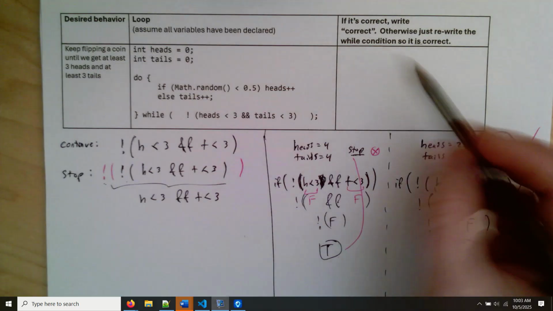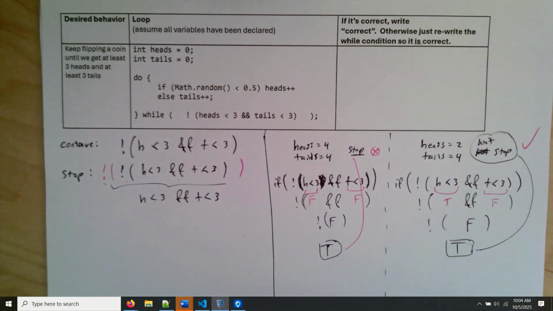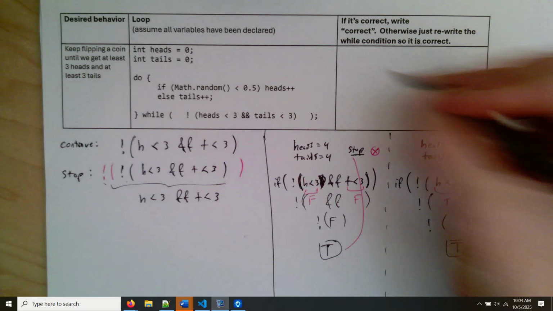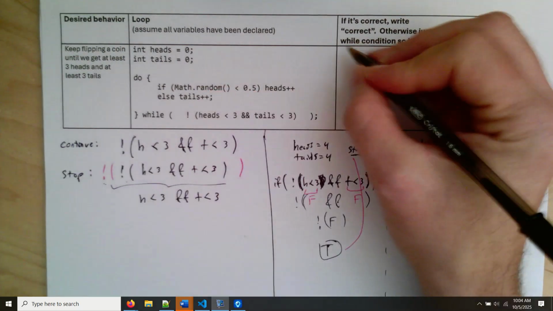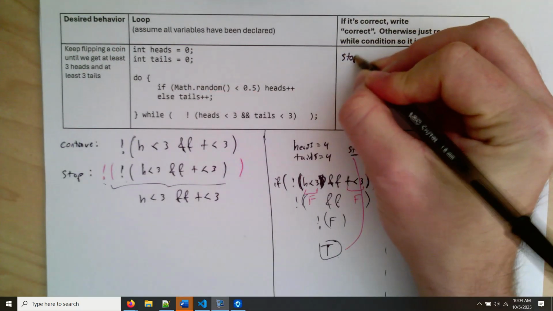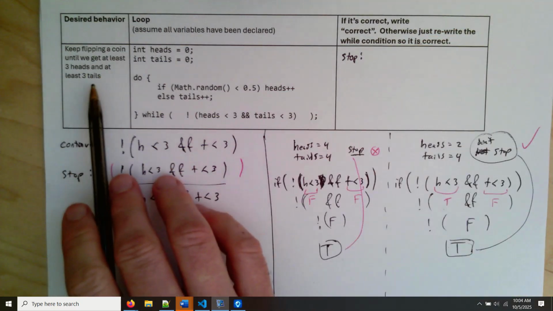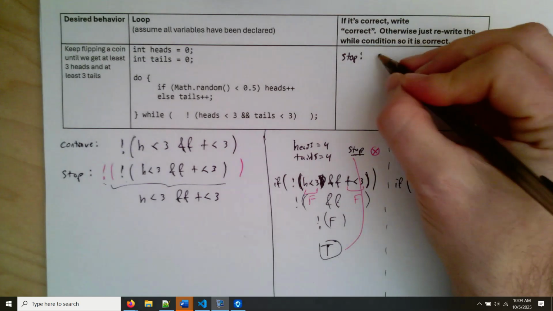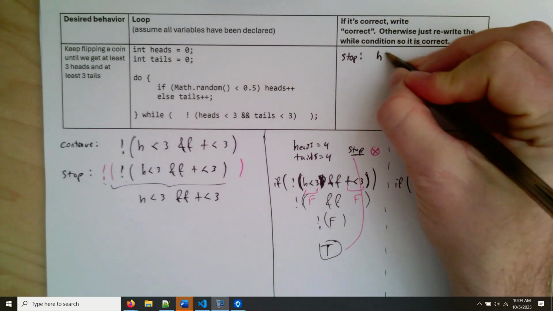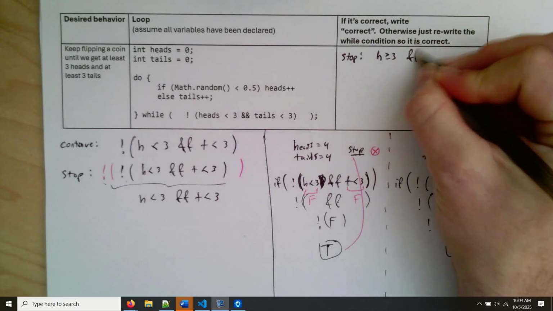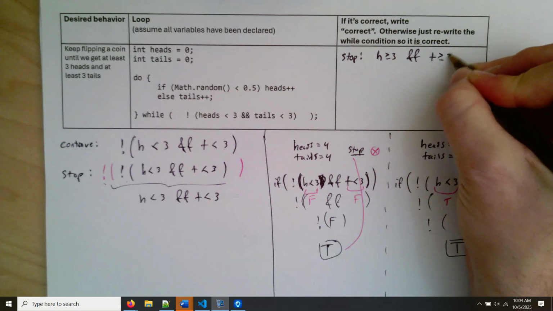All right, so how can we rewrite it to do what we want? Let's start with the stopping condition that we wish we had. I want to stop when we have enough heads and enough tails. So I want to stop when heads is greater than or equal to 3, and also tails is greater than or equal to 3.